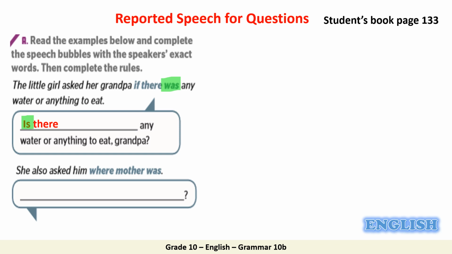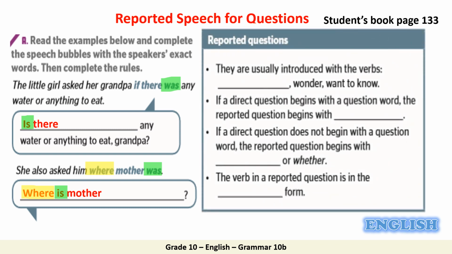Now example number 2: She also asked him where mother was. What was the original sentence in the direct speech? Good. Where is mother? So here the WH word is kept the same, and was became is.